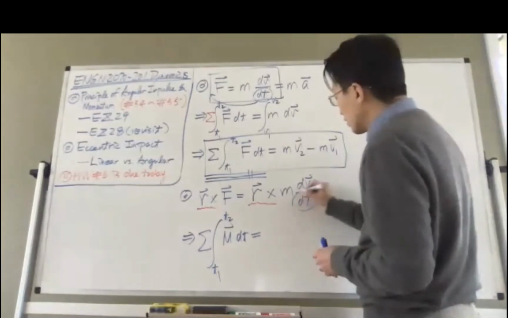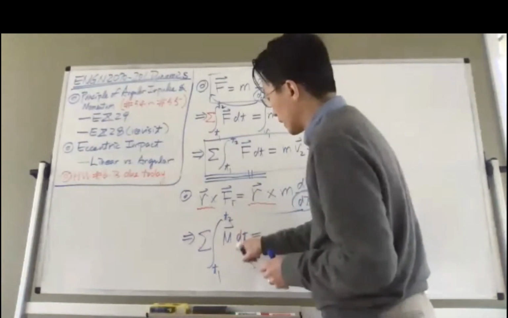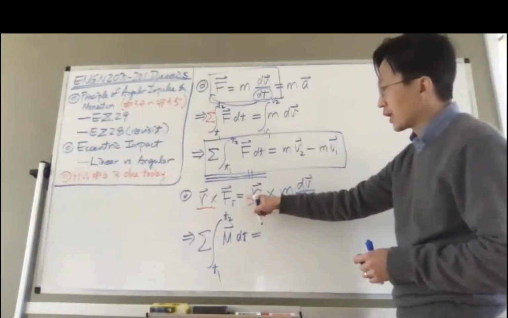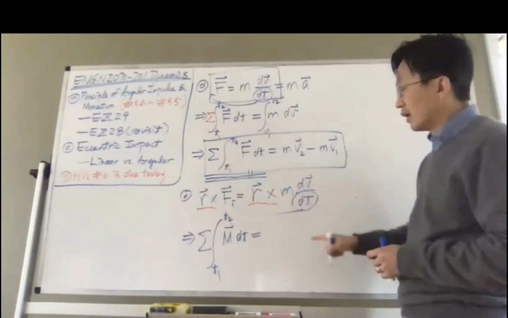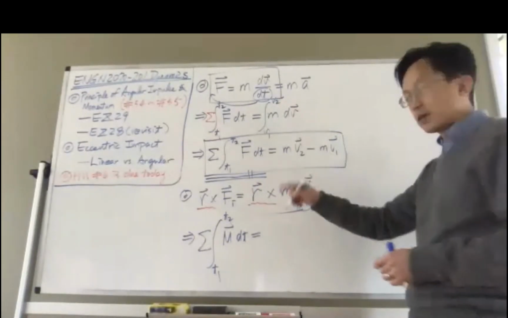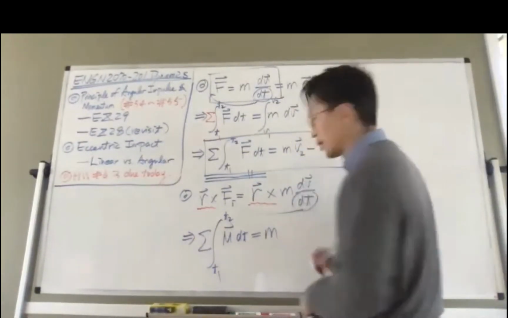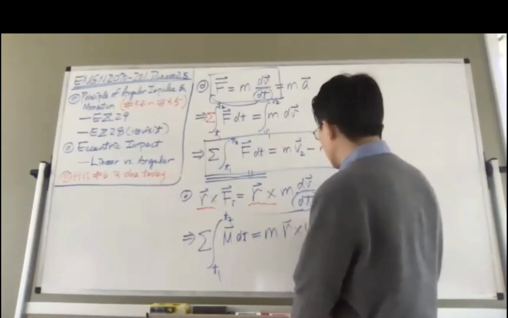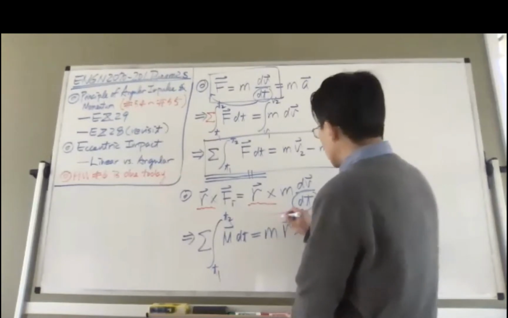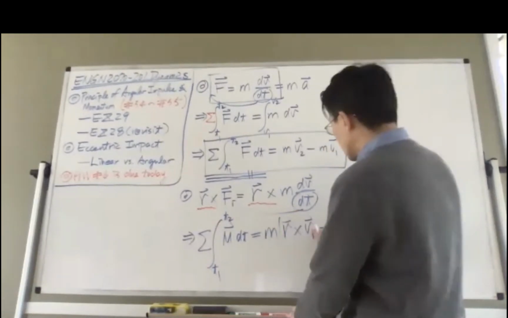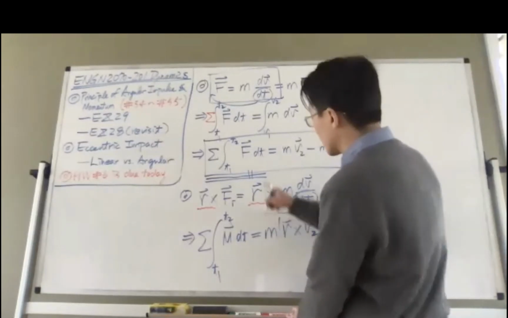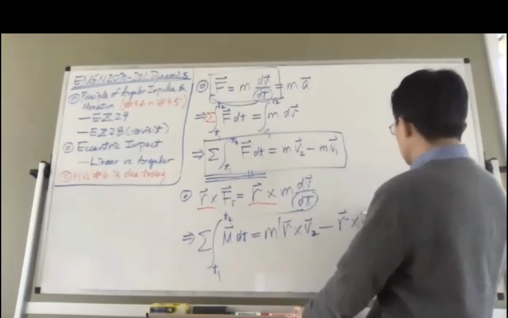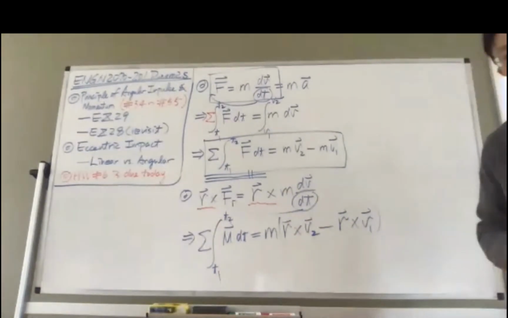Here the dt is moved from the right-hand side to the left-hand side. Whatever we have on the right-hand side becomes r cross m dv. Now because mass is constant, you can take the mass out of the equation. So this is going to be m times r cross v, which you can say is r cross v2, because it's going from v1 to v2, minus r cross v1.